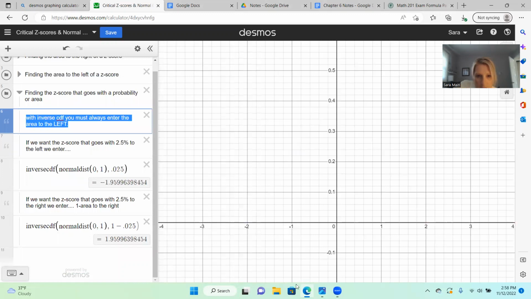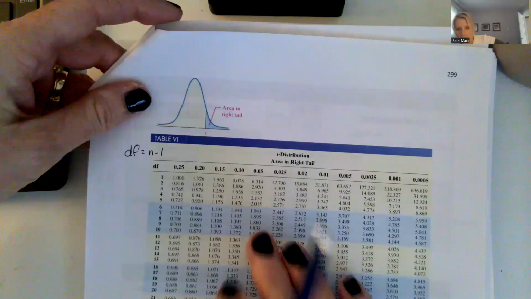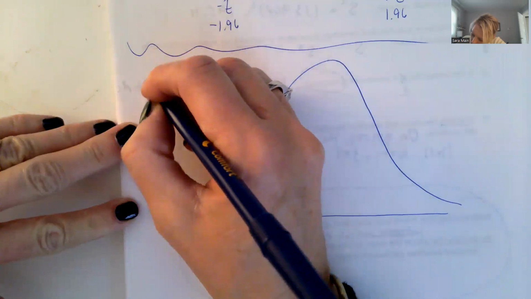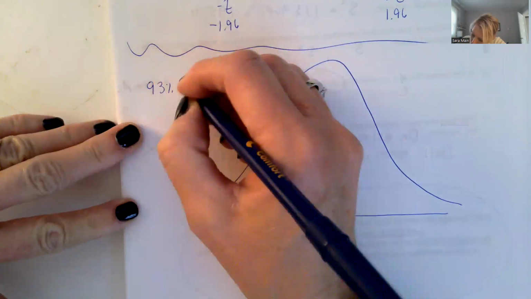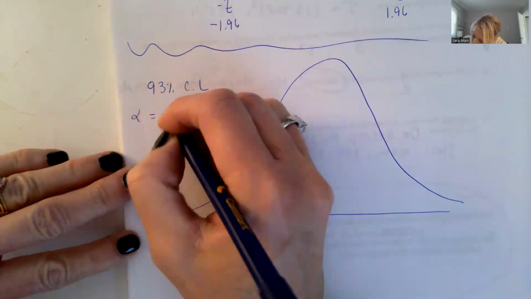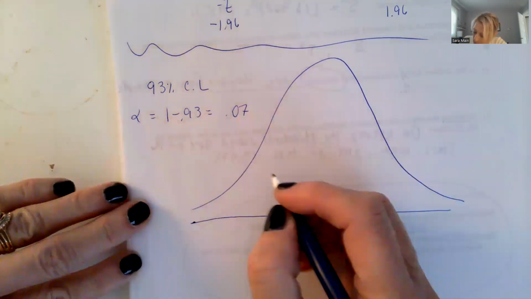Now, let's go back and do one that does not follow along with our formula packet. So let's say we're doing a 93% confidence level. So my alpha is equal to 1 minus 0.93, which is 0.07.